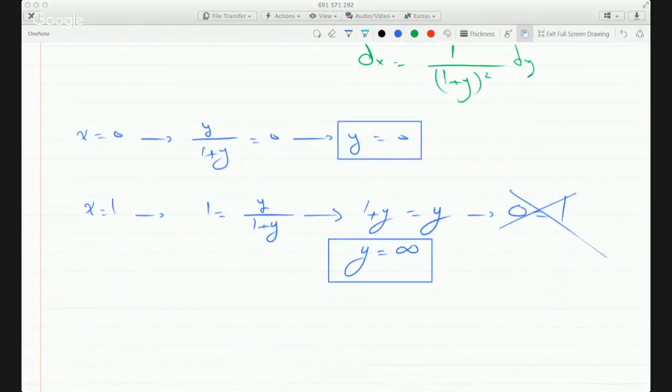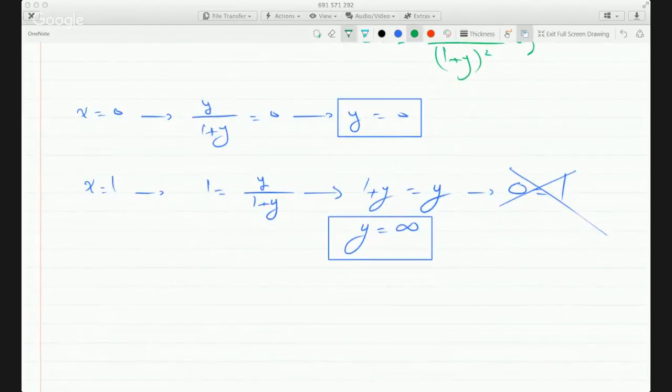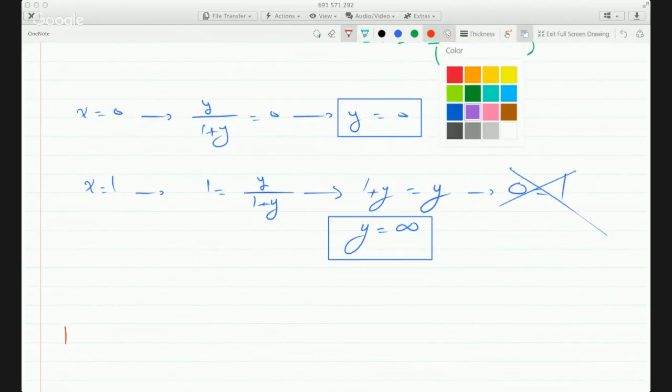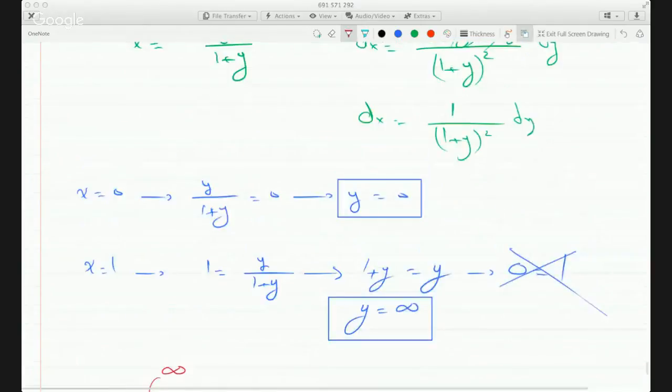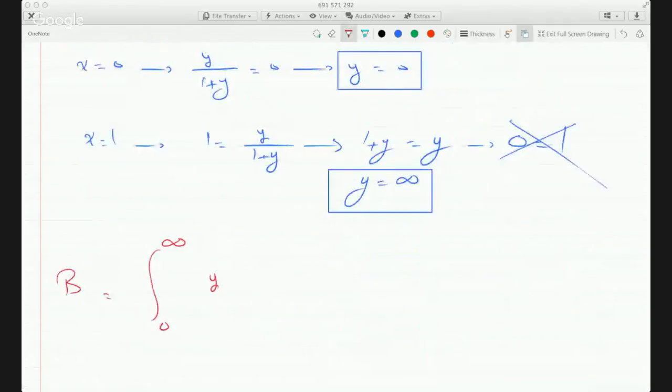Okay, so now plugging into the definition of the beta function, we will get beta. Let's use this red. Equals, now the bounds are 0 to infinity, and x is y over 1 plus y.